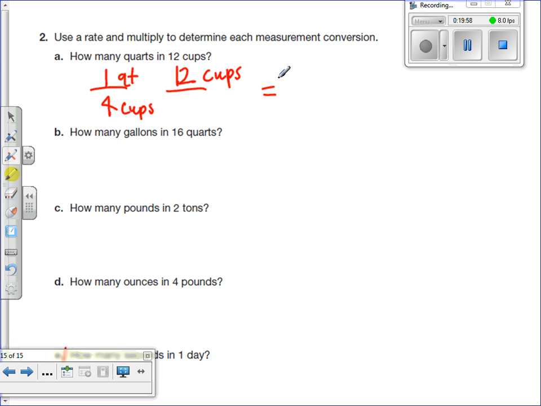So we can use this and what we know to see that we have actually 12 over 4, which is 3. So this is going to be quarts. So there are 3 quarts in 12 cups. So I want you to try B, C, D, and E, and then come back and check yourself.